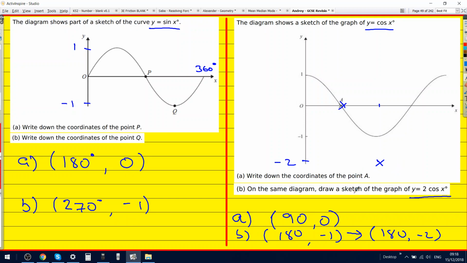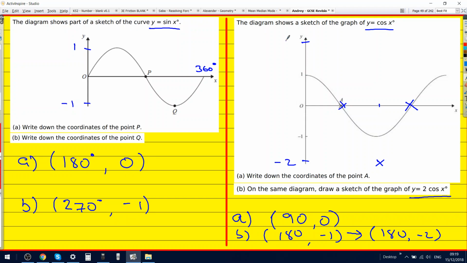Oh, do I need to do the third point as well? Yeah. And then I think that would be 270, 0. Yeah. And then it'll stay as 270, 0. And then with 0, 1, it will go to 0, 2.